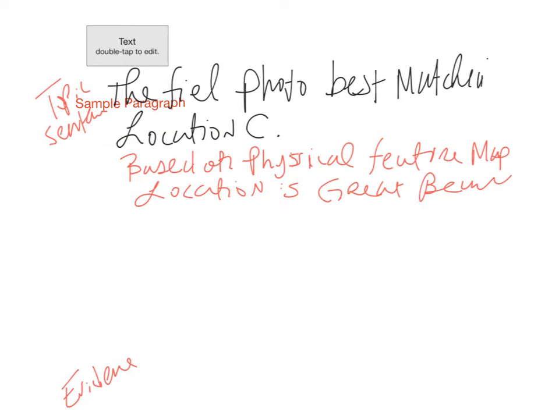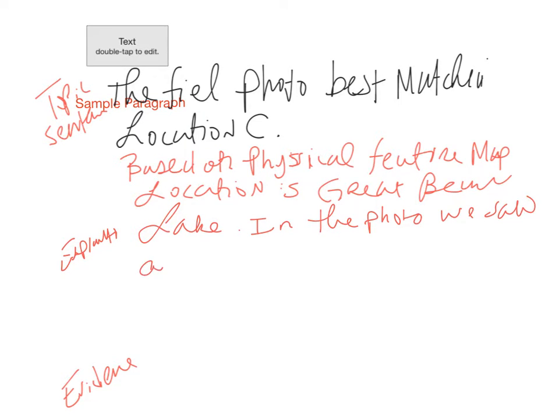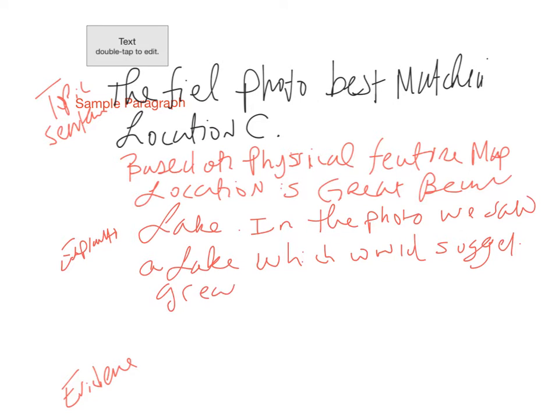All right, so it's in Great Bear Lake. And then I have to give my explanation of evidence. I have to explain, what did I see in the photo that makes me think that it is Great Bear Lake? Well, in the photo, we saw a lake, which would suggest Great Bear Lake.